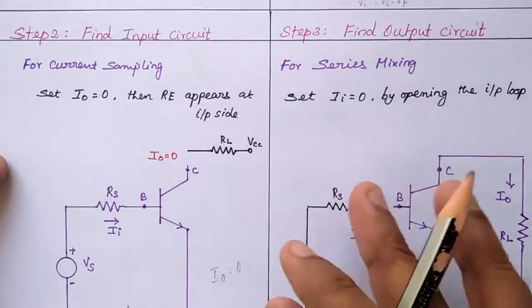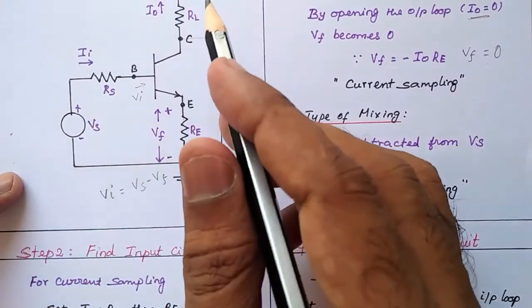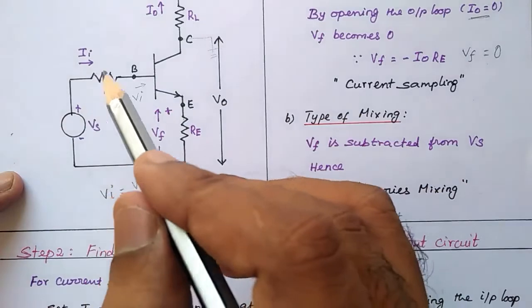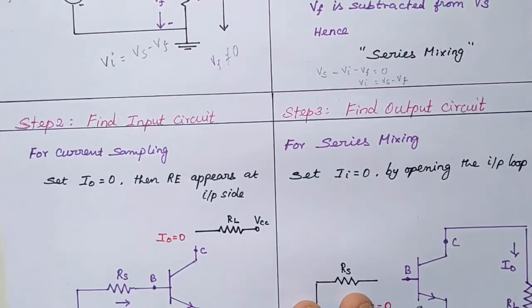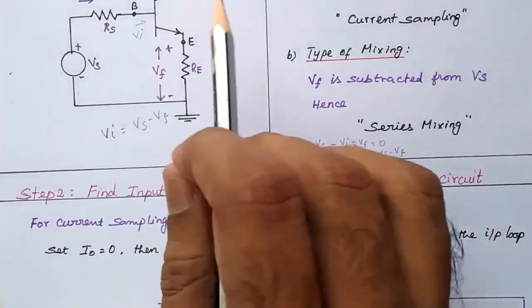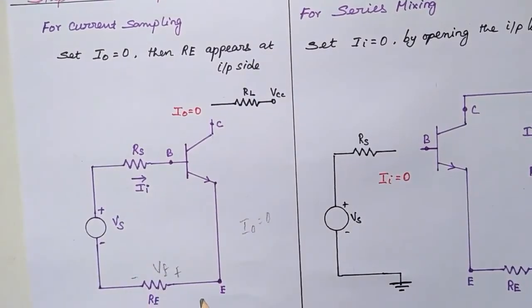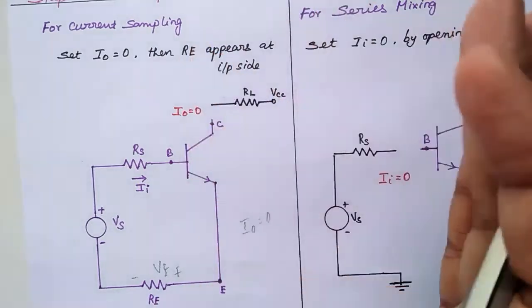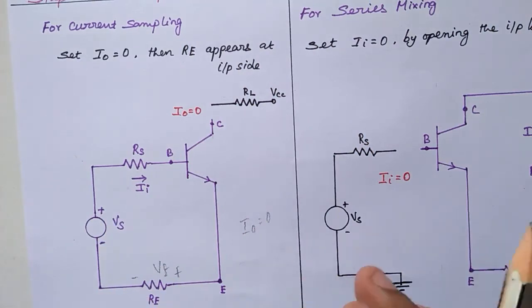Hence RE will have effect on the input side as well as the output side. So in this path RE is involved, as well as in this input side. Now we are finding the input circuit by making the output circuit 0, hence RE will affect the input side. So I0 is equal to 0, the output circuit is left over, and remaining is the input circuit, where RE is involved in the input side.